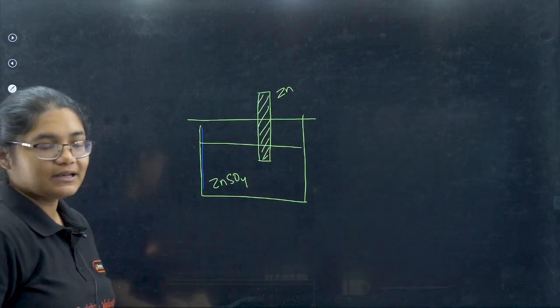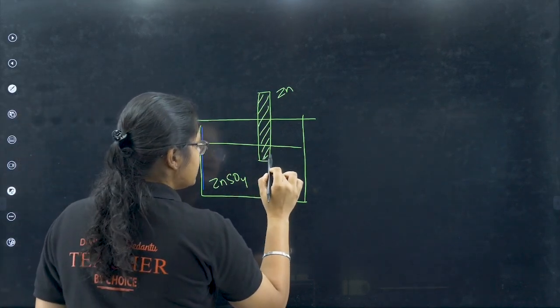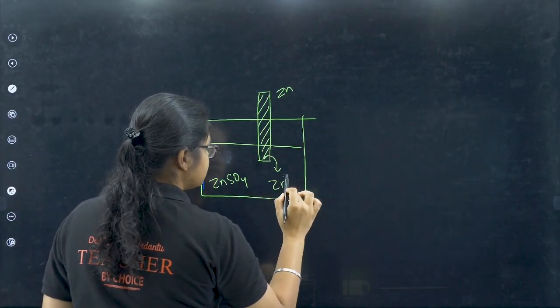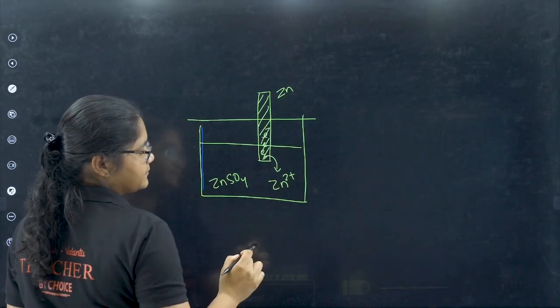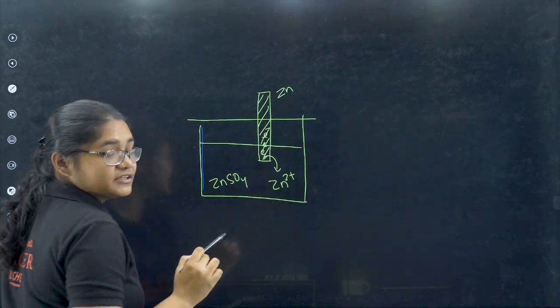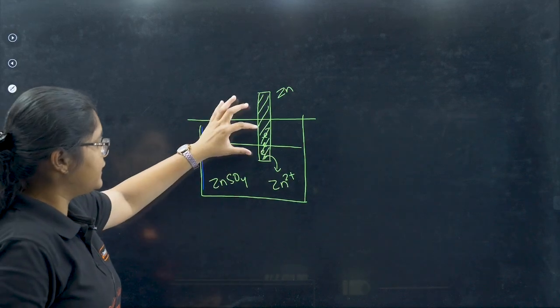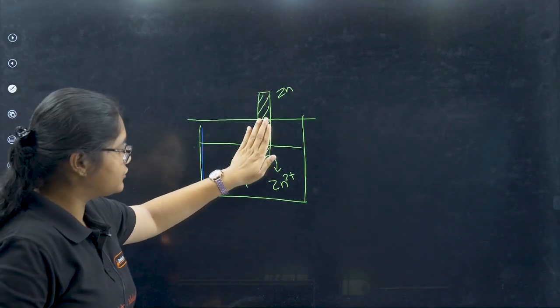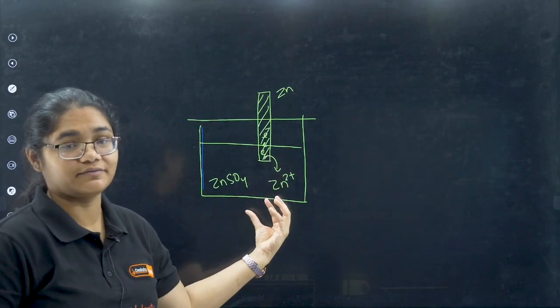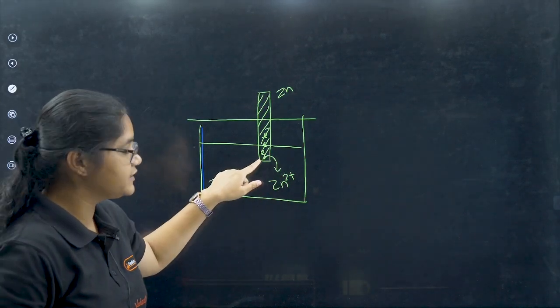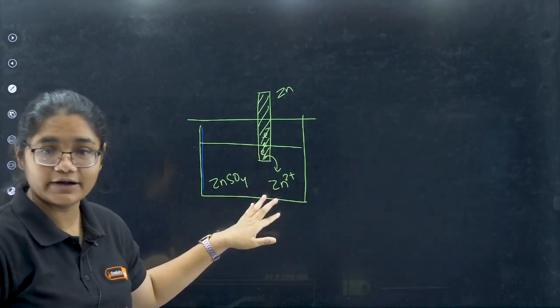So now what will happen, as we have seen, zinc is giving Zn2+ and electrons are present on this rod. So you see that there is a charge difference. The rod is negatively charged and the Zn2+ outside is positively charged. So there is a charge difference between the electrode and the electrolyte.